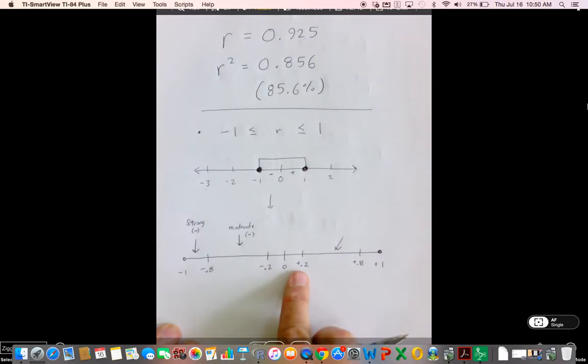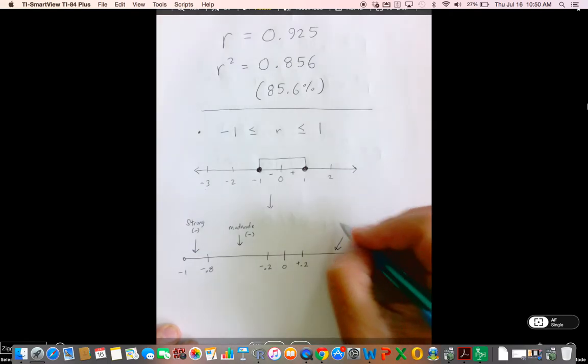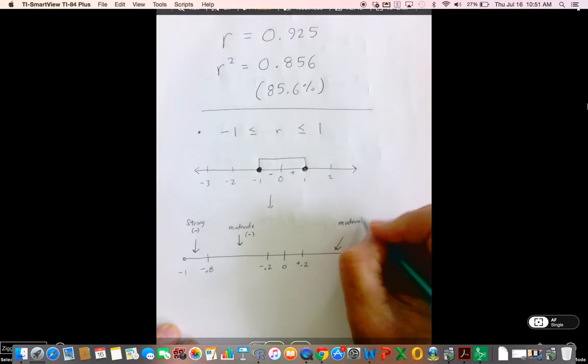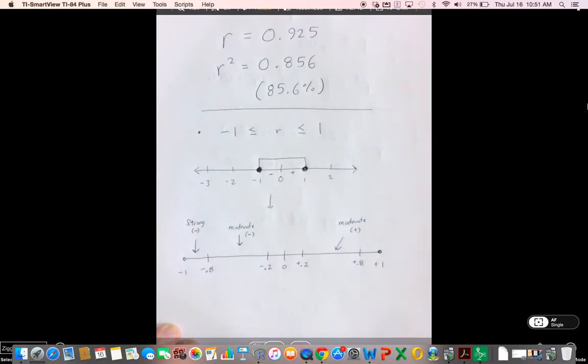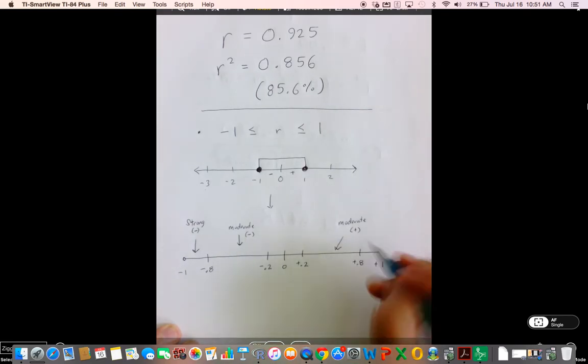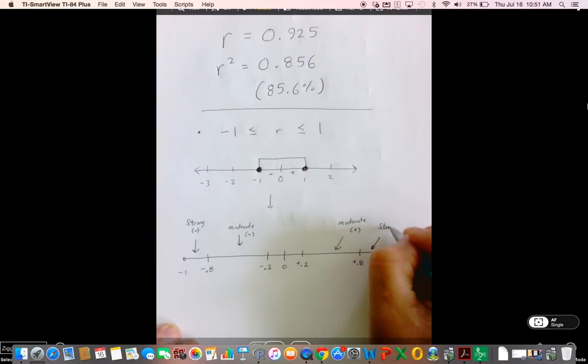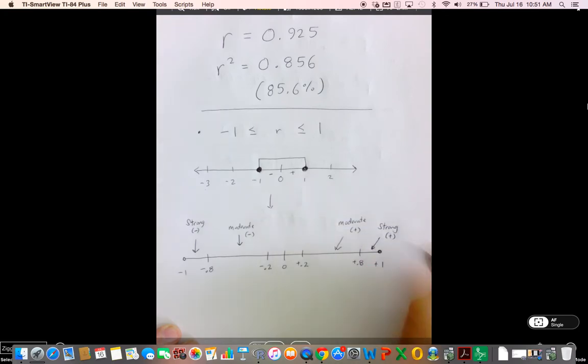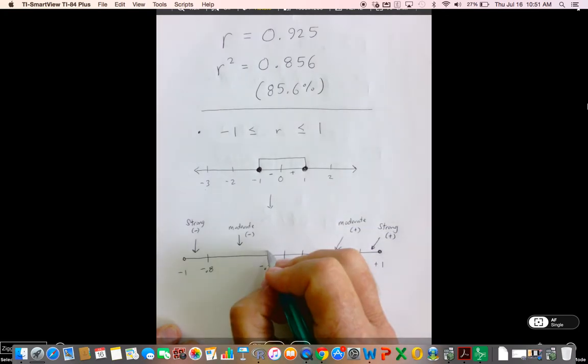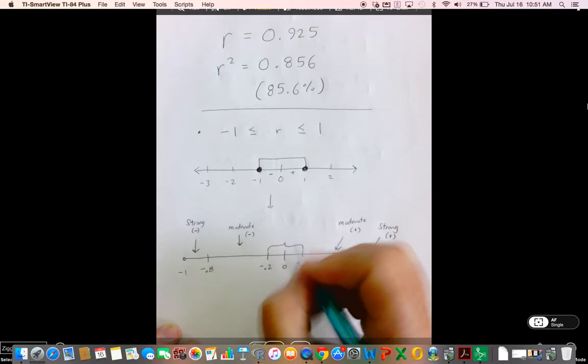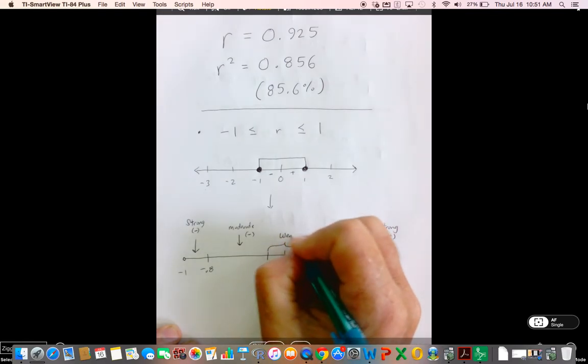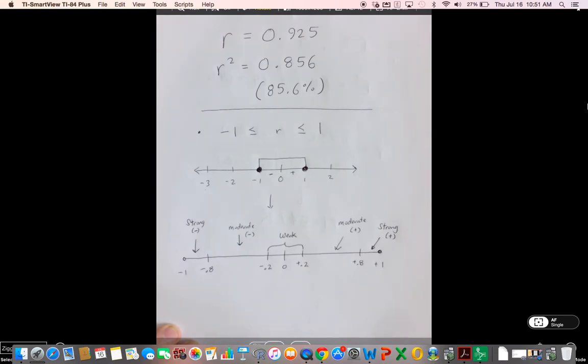Same thing up here, 0.2 to 0.8. It's going to be a moderate relationship that is positive. If we have -0.8 to -0.2, it's a negative moderate. If we have +0.2 to +0.8, it's a positive moderate. Up here, you should have this figured out. This is a strong positive. Anything in this range right here, from -0.2 to +0.2, is a weak relationship.